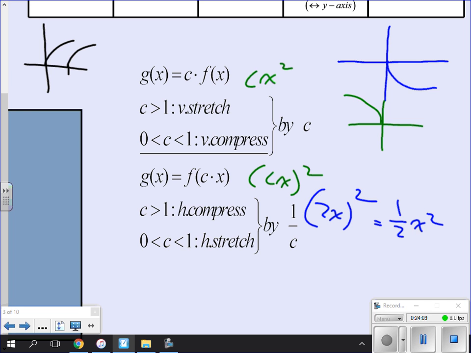That's essentially what that is saying. Same thing goes here. If I have 1/3 x squared, that's the equivalent of 3 x squared.